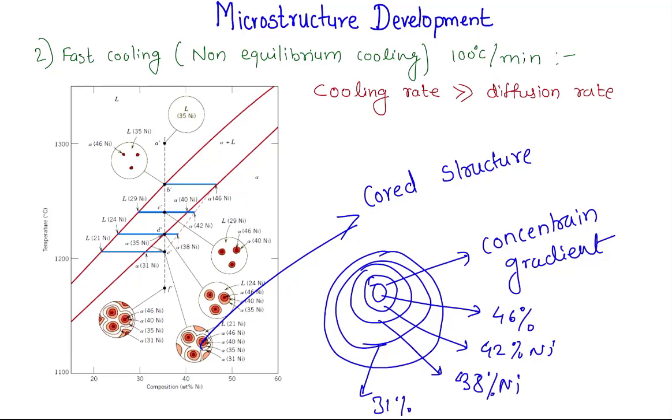The center will have 46 weight% nickel because that gets solidified first, followed by 42, followed by 38, and the outer layer will be 31 weight% because here complete solidification occurs. This is called a cored structure because it looks like a core, layer by layer.